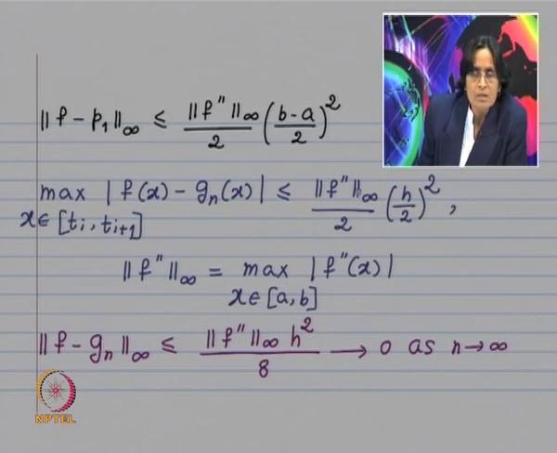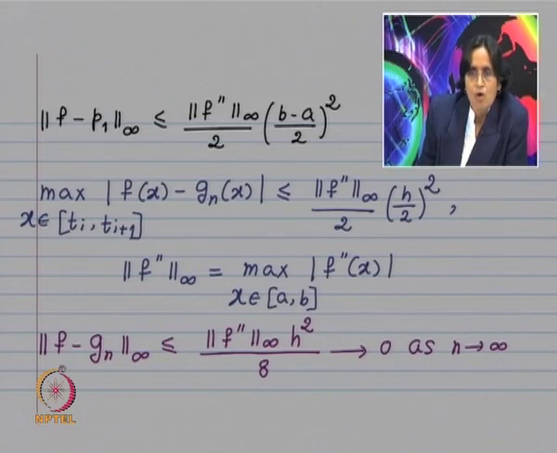Here I could have dominated by the maximum of the second derivative on t_i to t_{i+1}, but I dominated by the maximum over the whole interval a b, so that this bound becomes independent of the interval.